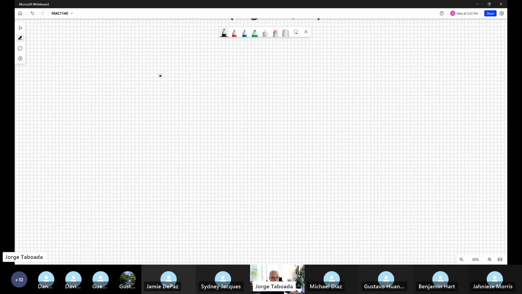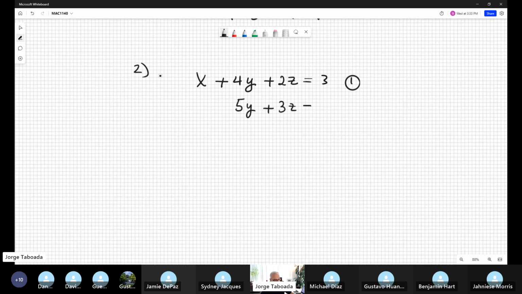Okay, number 2 is also easy. The system is giving x plus 4y plus 2z equal 3, equation 1. 5y plus 3z equal 4, equation 2. And the last equation is super easy, is z equal -2.